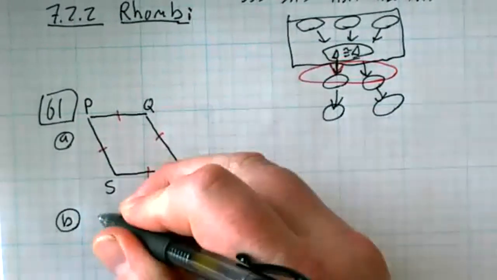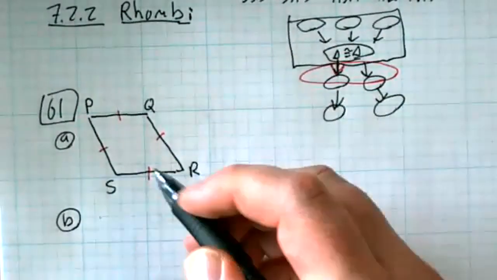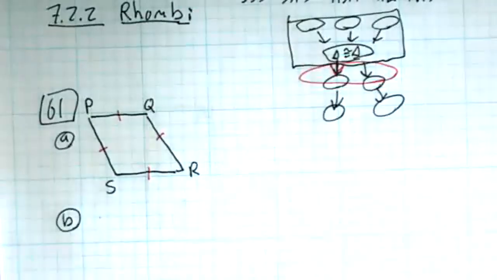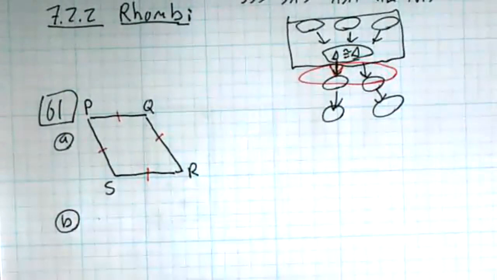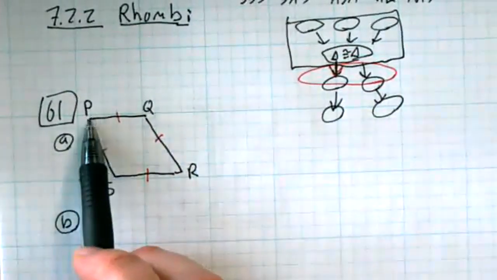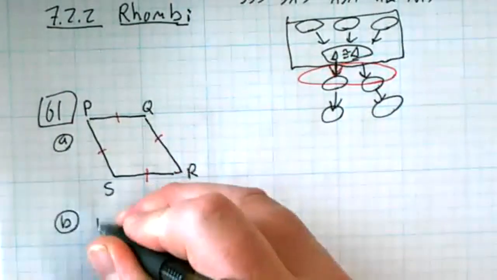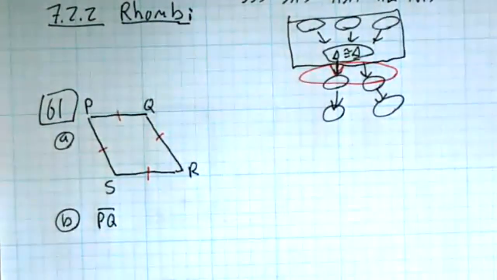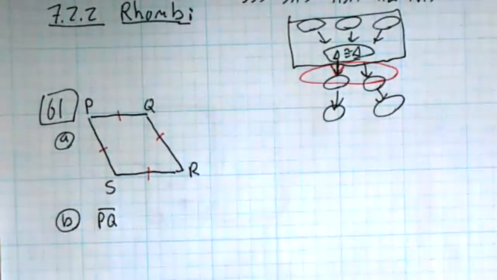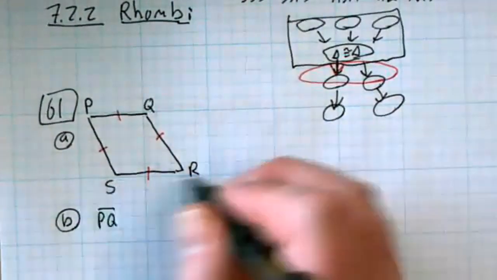All right. So my conjecture, I'm going to be very specific about it. Please, I need your attention today, okay? I'm going to name my two sides. I'm going to name this top side here PQ with the bar over it. What is the side that PQ is parallel to? SR, you could call it SR or RS.